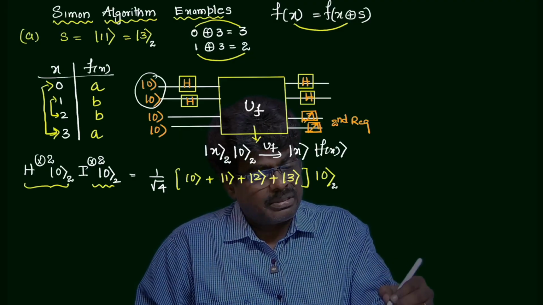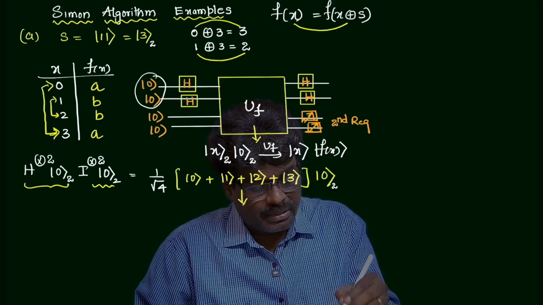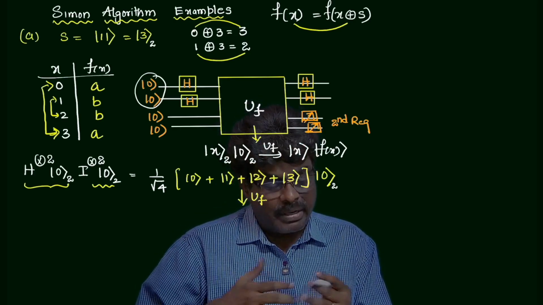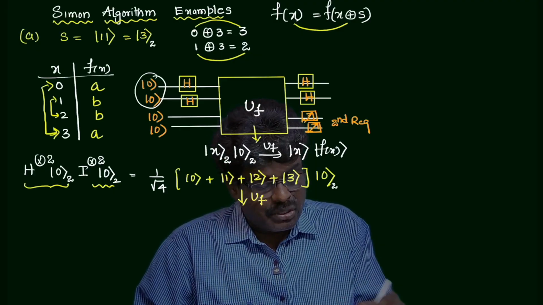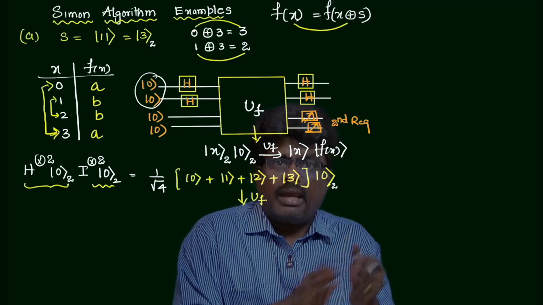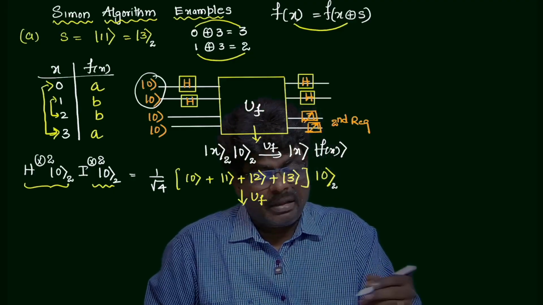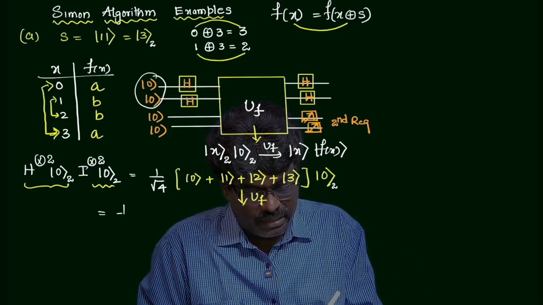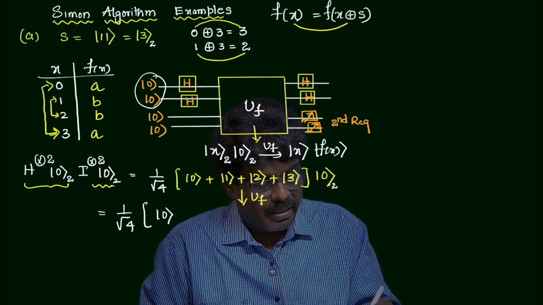Now here we have this U f operation, the oracle function U f. So what will it do? For example, if you take 0 0, that means x 0 will be converted to x, f of x. f of x is the output corresponding to x. Now carefully see, here we have 1 over root 4, and here we have 0, and again here 0.